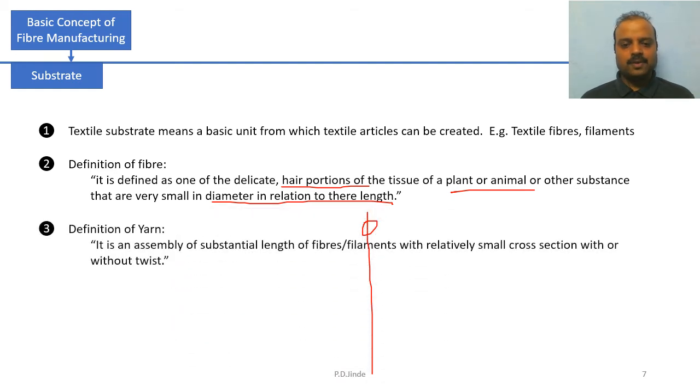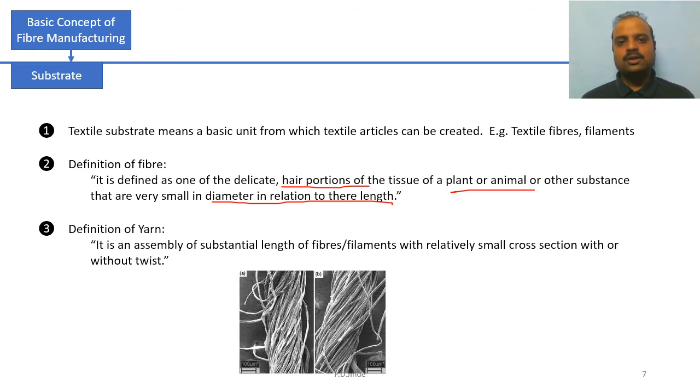Most woven and knitted fabrics are woven or knitted from yarn, as we are all aware, and yarn is an assembly of fibers. In this picture you can easily see the assembly of fibers, and those assemblies are twisted together.